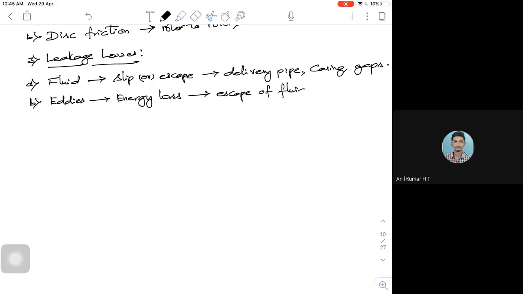There will be a local pressure gradient, a local pressure rise. So the fluid may leak. This is also one of the problems which needs to be addressed.